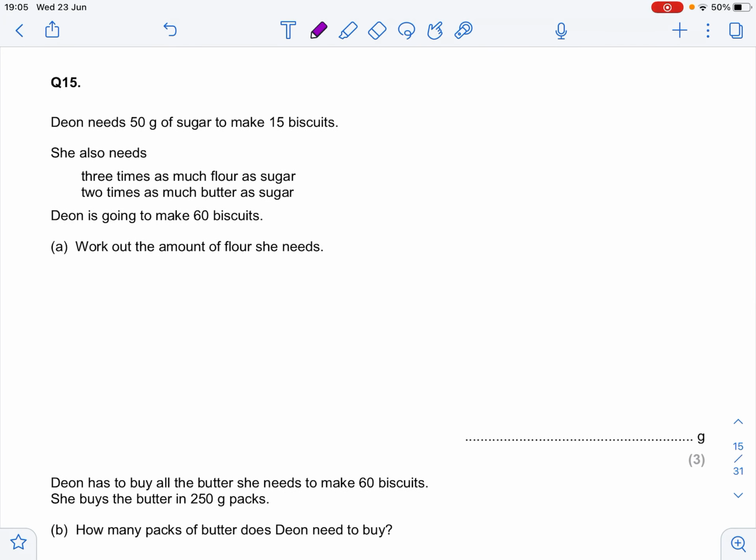Question 15. So, Dion needs 50 grams of sugar to make 15 biscuits. She also needs 3 times as much flour as sugar. So she has 15 biscuits, and for sugar, she needs 50 grams.